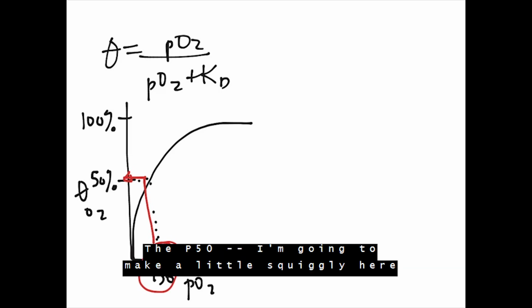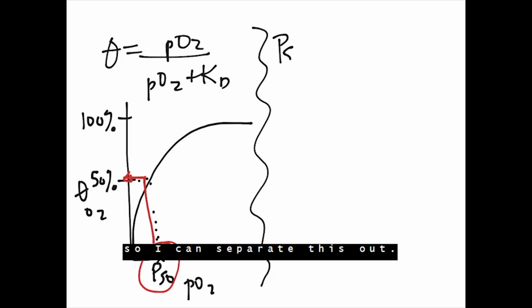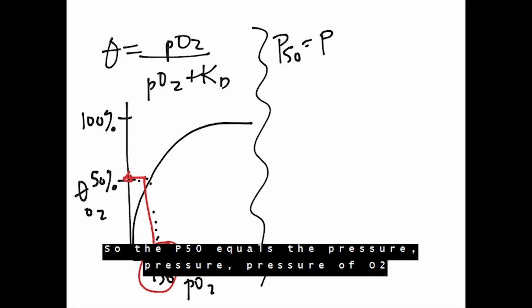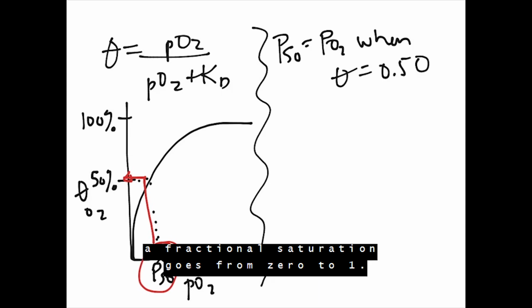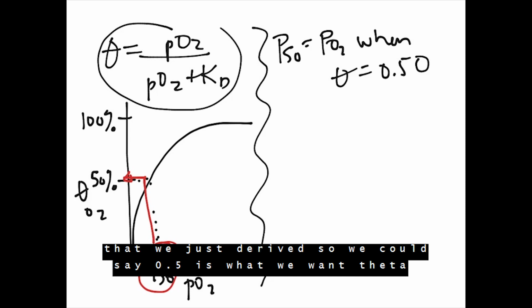So we could write that out. The P50 equals the partial pressure of O2 when theta is equal to 50%, or 0.50, right? Because this is fractional saturation, it goes from 0 to 1. So I could plug that into this equation that we just derived.